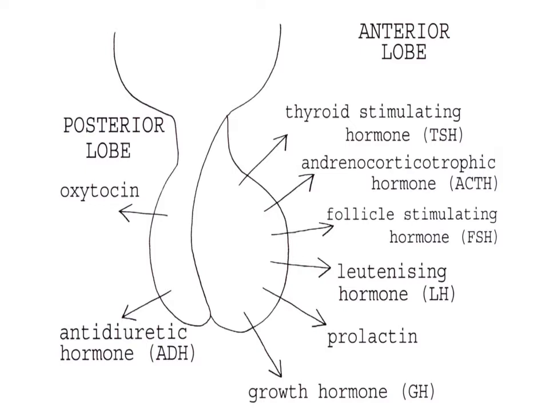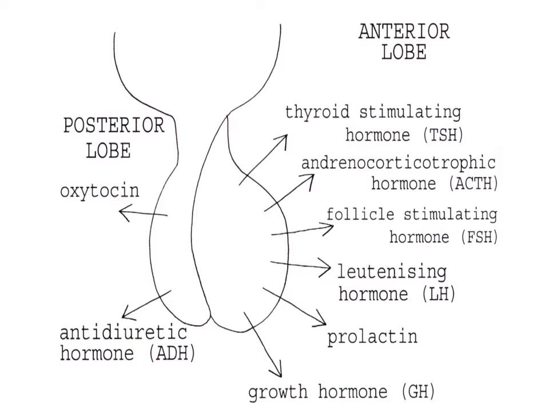And ACTH, the adrenocorticotropic hormone, also stimulates the release of androgens. An androgen is a male type hormone. So ACTH also stimulates the release of androgens from the adrenal cortex.